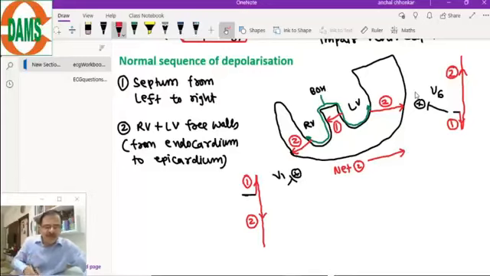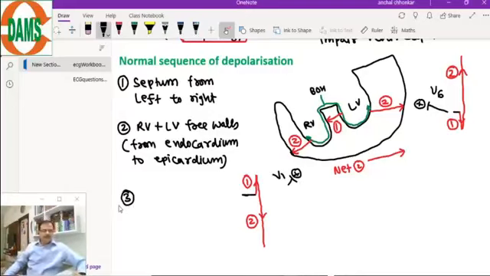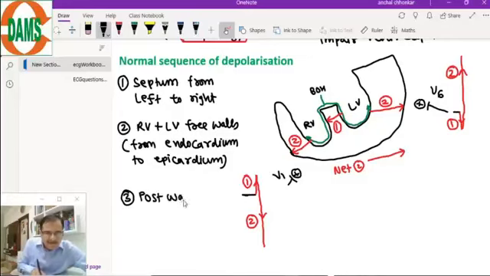Now the number 3rd event. The number 3rd event is posterior wall depolarization from endo to epicardium.